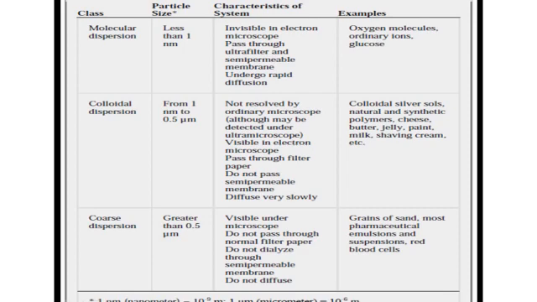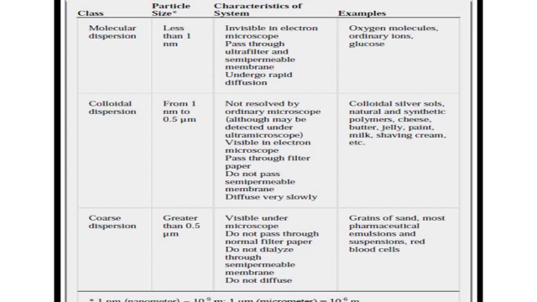Colloidal particles pass through filter paper, but they do not generally pass through the semi-permeable membrane. Thus they diffuse very slowly. Examples here: silver solution, natural and synthetic polymers, cheese, butter, jelly, paint, even milk, shaving cream, etc. These are colloidal dispersions.